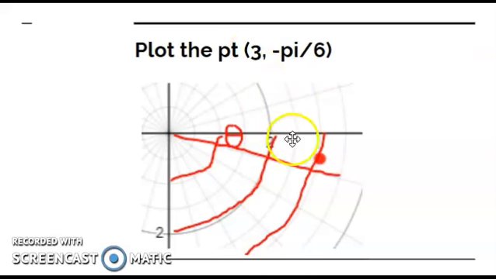So 3 represents r, and we are 1, 2, 3 circles away from the pole, which is right here, and our theta is negative pi/6, which is the angle from the polar axis to this directed segment OP. And it's negative because it's not going counterclockwise. In this case, it's going clockwise, which is why it's negative.